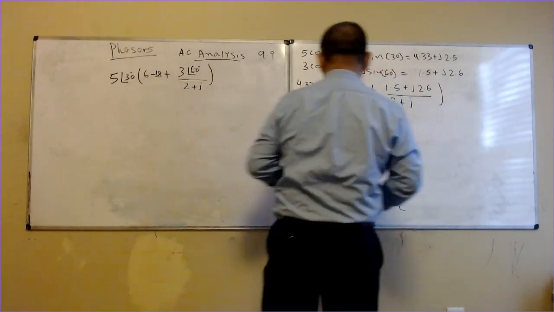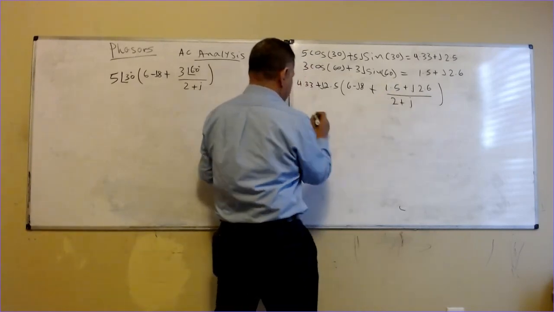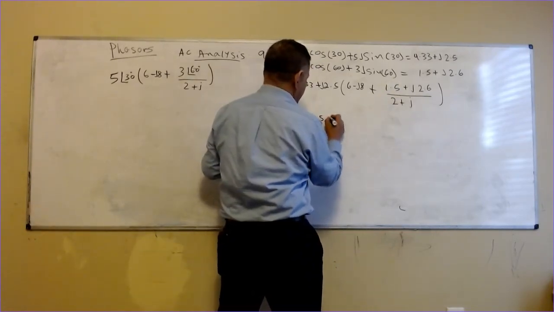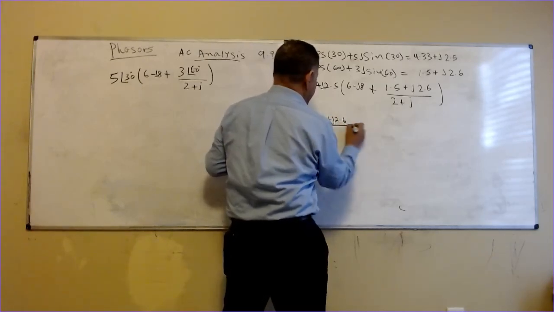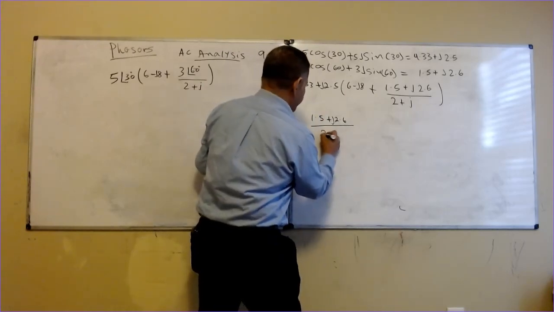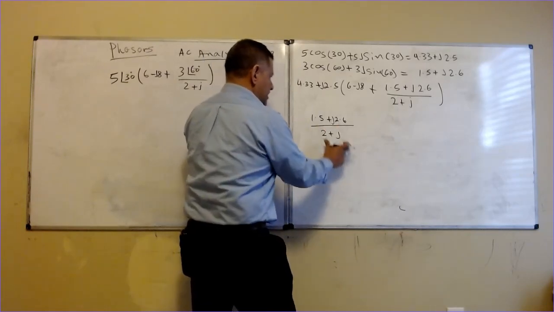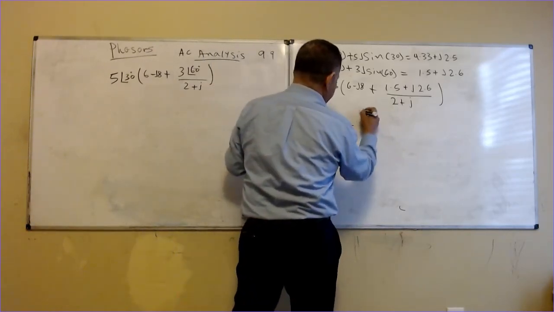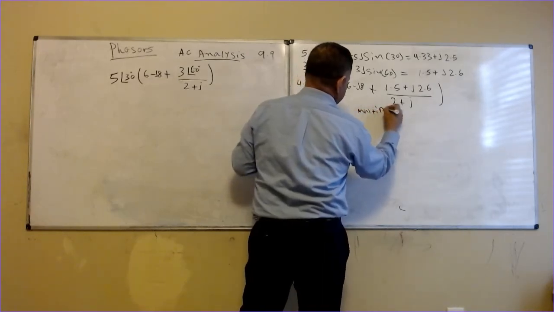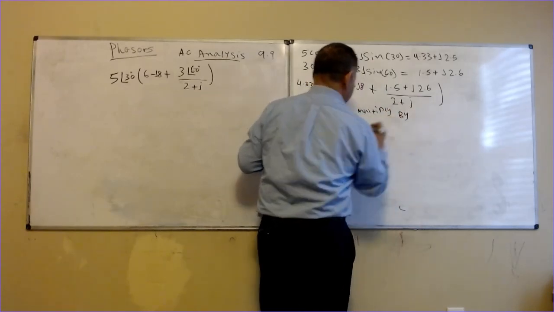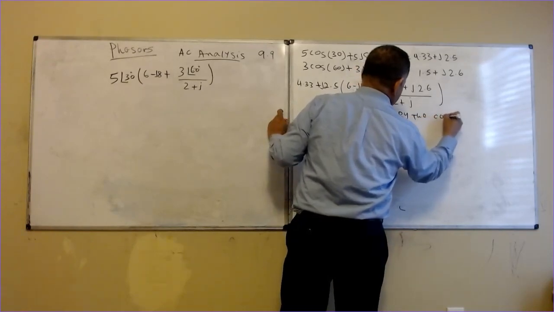So I will say 1.5 plus 2.6j, and over here you do 2 plus j, right? Now we will do conjugate, we multiply by the conjugate.